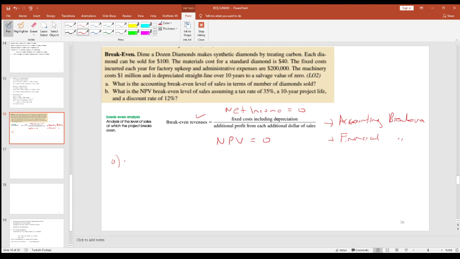Well, first fixed cost, accounting break-even, fixed cost is $200,000. So what's depreciation? Depreciation is equal to 1 million divided by 10 years, which is $100,000.